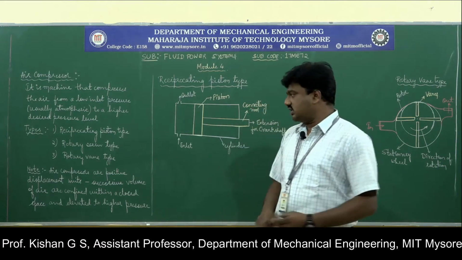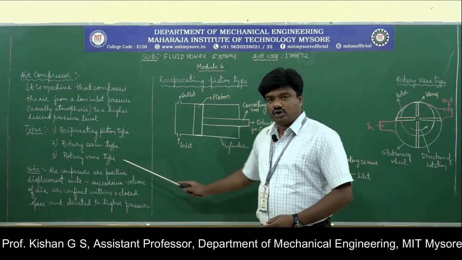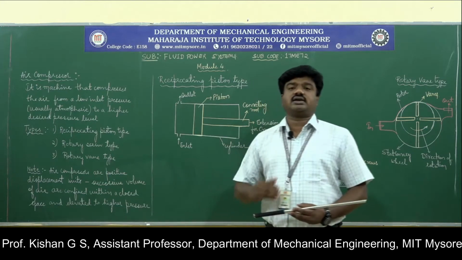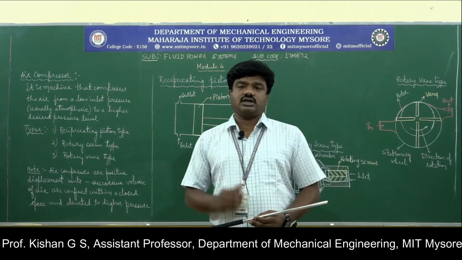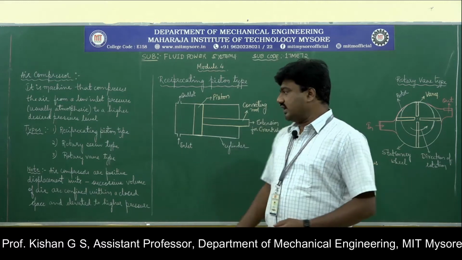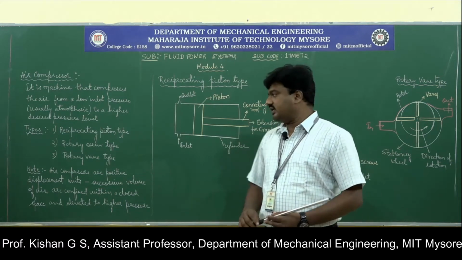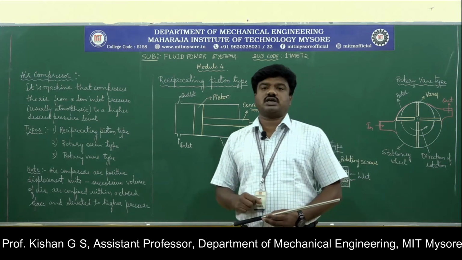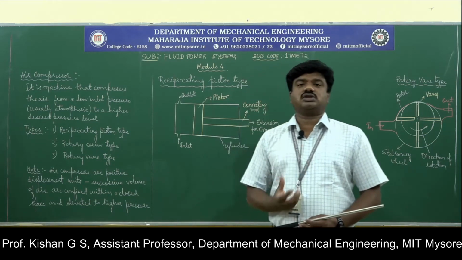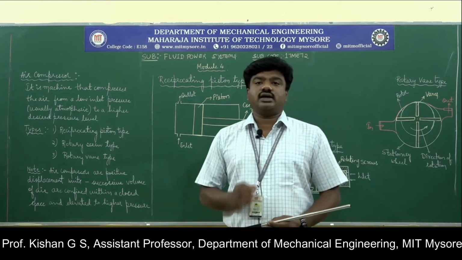You consider the volume of air or any related gas which is to be compressed in the air compressor. The successive volumes of air are confined within the closed space, which means the air is enclosed in the closed space without any losses.